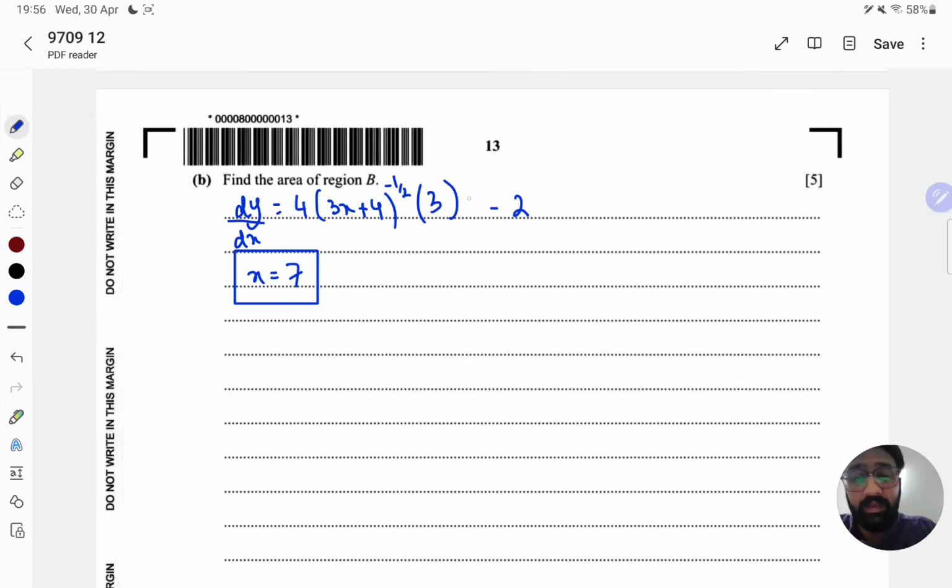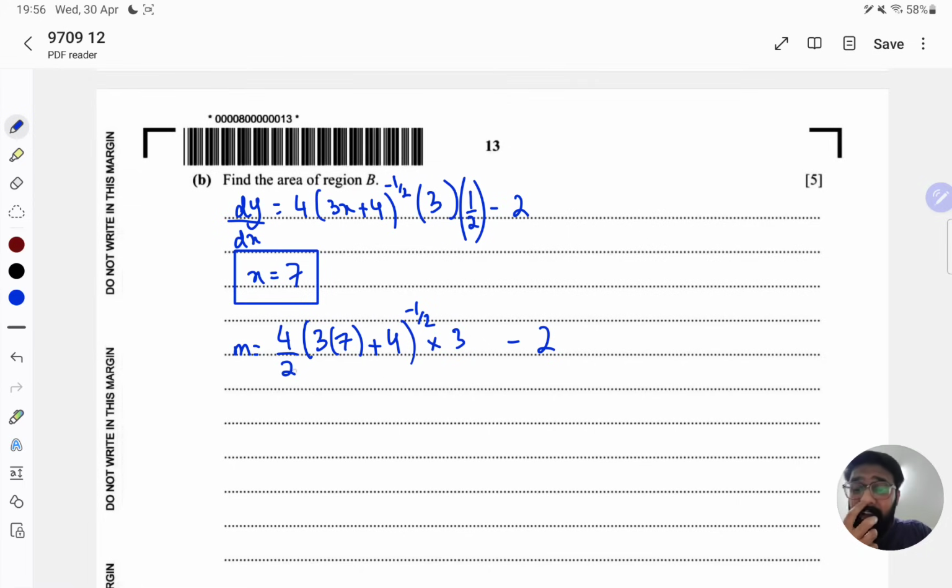So if I substitute the value of x to be 7, and I have to multiply with the power as well, the old power which was 1 by 2. Then before subtracting I have to do that, so it will be 4 divided by 2 bracket 3 times 7 plus 4 to the power minus 1 by 2 into 3 minus 2.